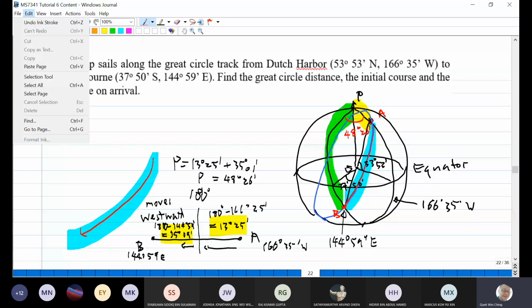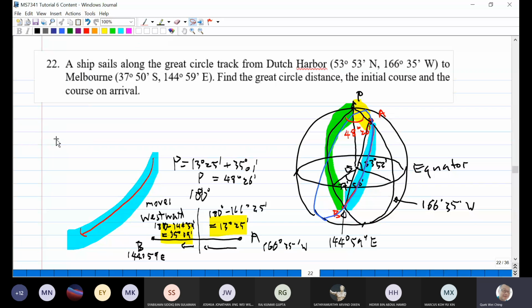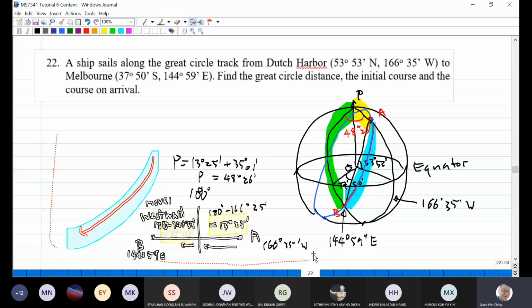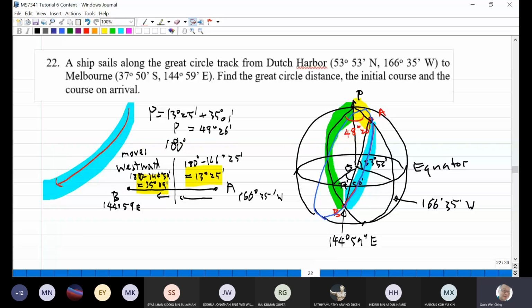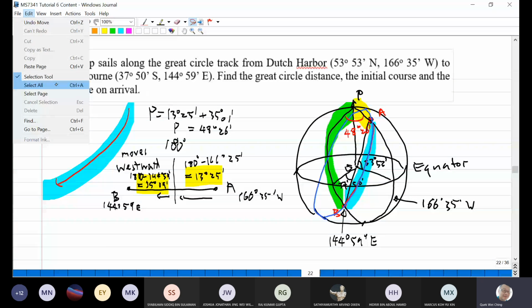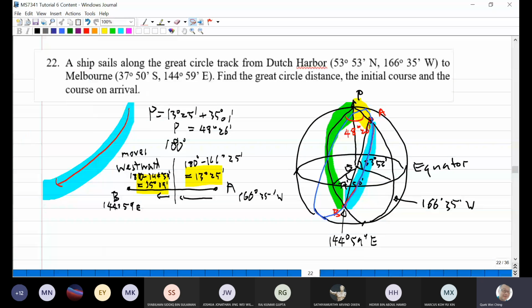I think I will shift it around so that you can see it properly. So you actually move westward there, move to the west here. And as you move to the west, you calculate the angle, how to get from A to B. So let me WhatsApp this to you.